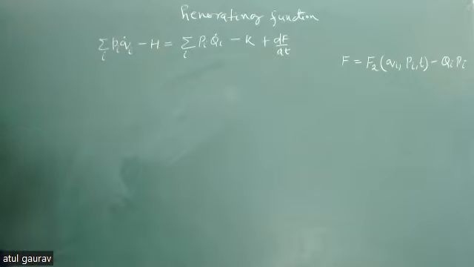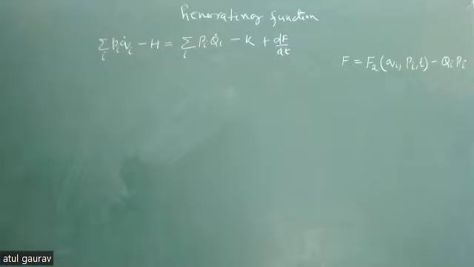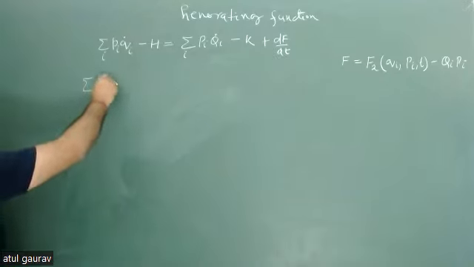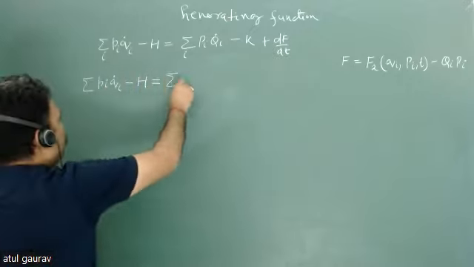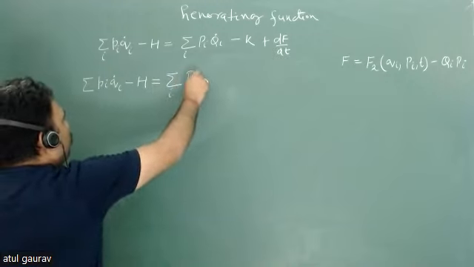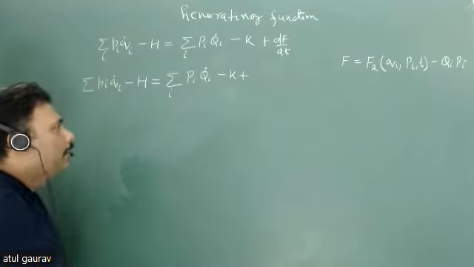Just a minute. Okay, so this is the thing. Let's go for this. What we have to do is put it into this equation. Then what will happen? This is summation over Pi Qi dot minus H is equal to summation over i Pi capital Qi dot minus F and df upon dt.